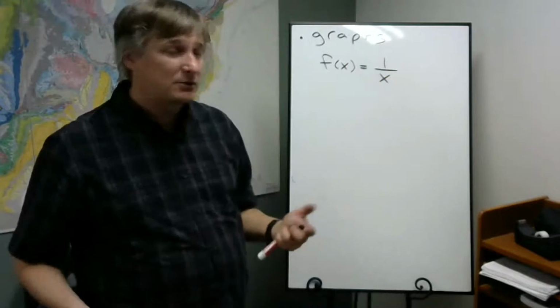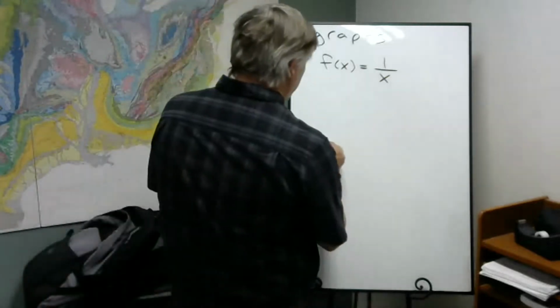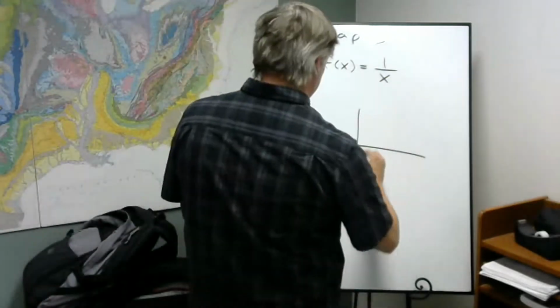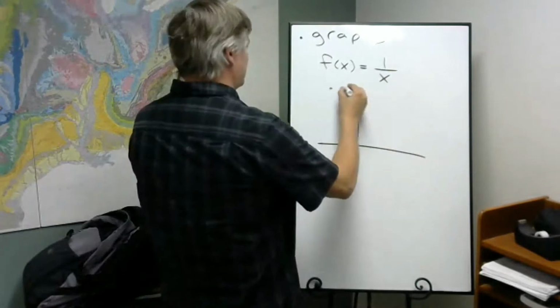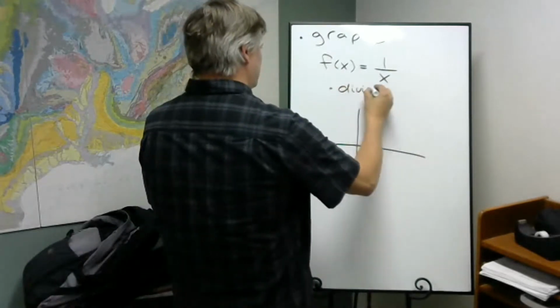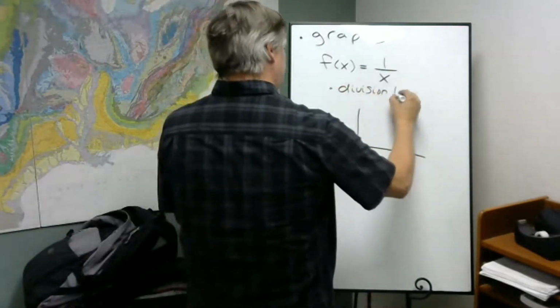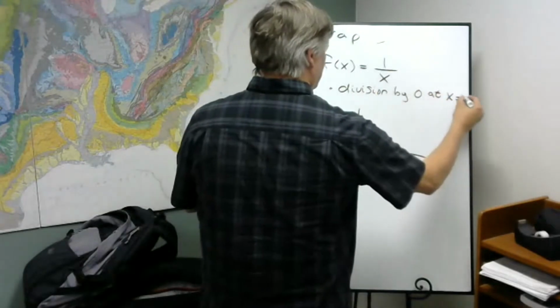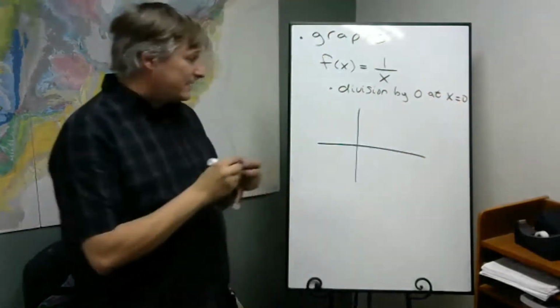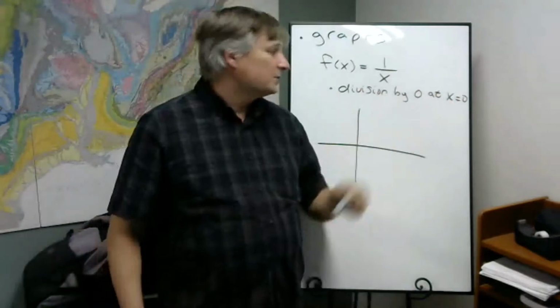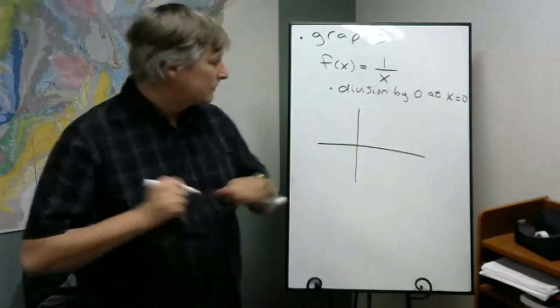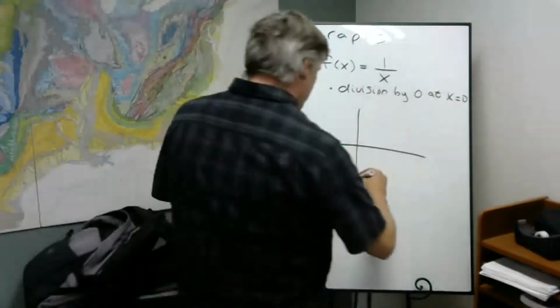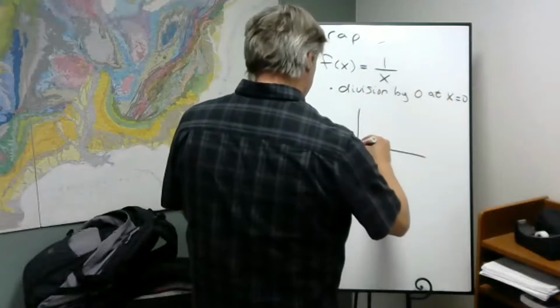So that means we can't let x be 0. You make that note, we get that division by 0 in this case when x is equal to 0. So we're going to get what's called a vertical asymptote.